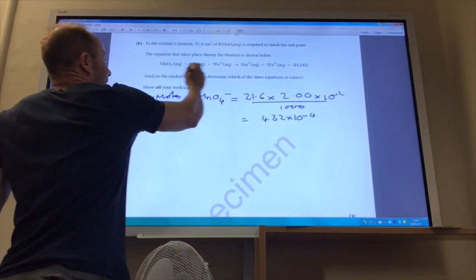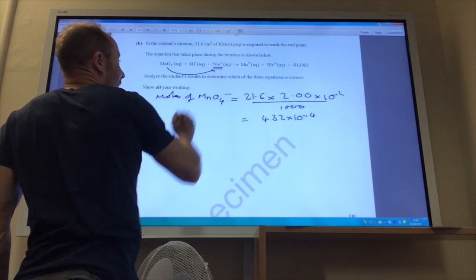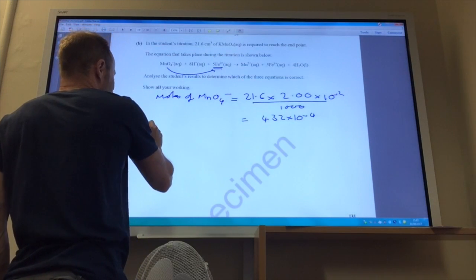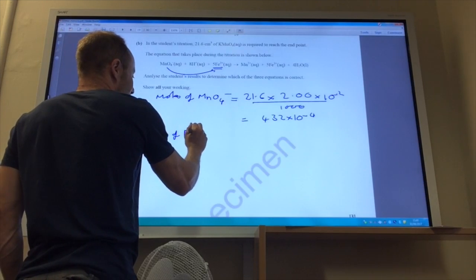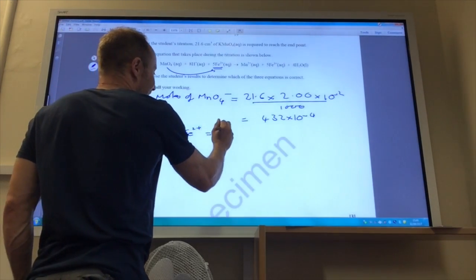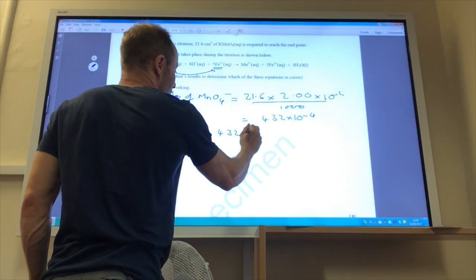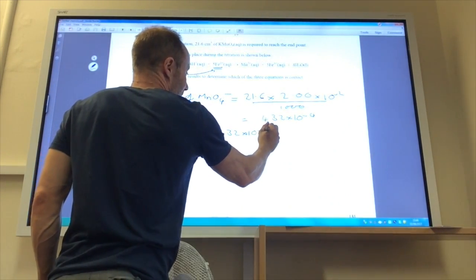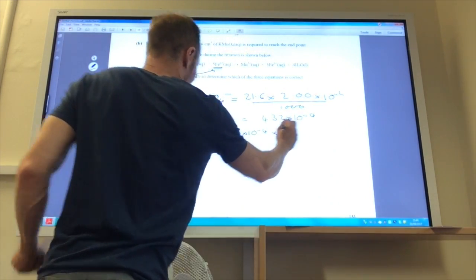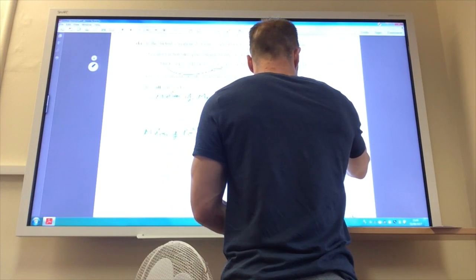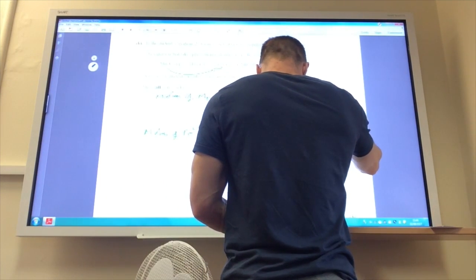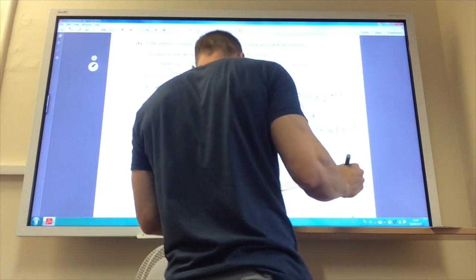I need to times that by 5 to work out the moles of Fe2+. So moles of Fe2+ is that number times 5, which gives me 2.16 times 10 to the minus 3.